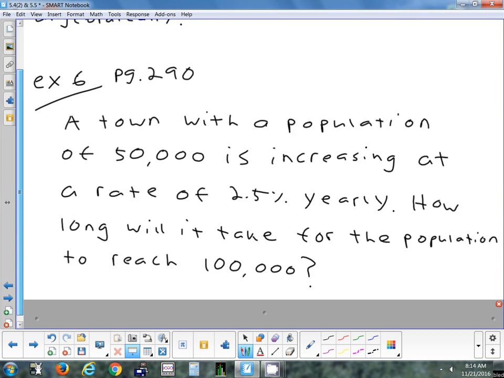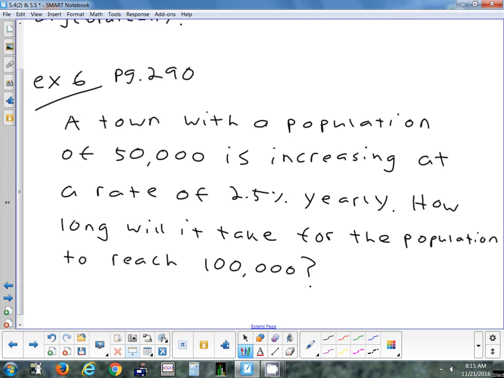Okay, so some people double checking. Did anybody find it? Town with a population of 50,000 people, increasing at 2.5% per year. You found it? Okay. Are all the numbers the same? 50,000, 2.5%? I wrote down 50,000 and an increasing rate of 2.5%. Okay, so yeah, we've done this problem before.